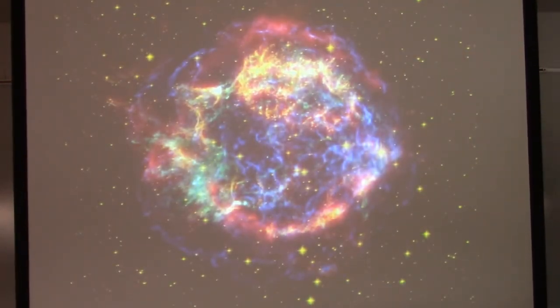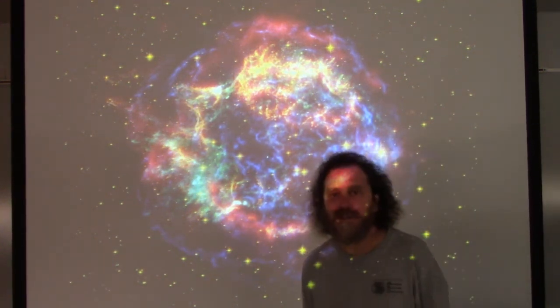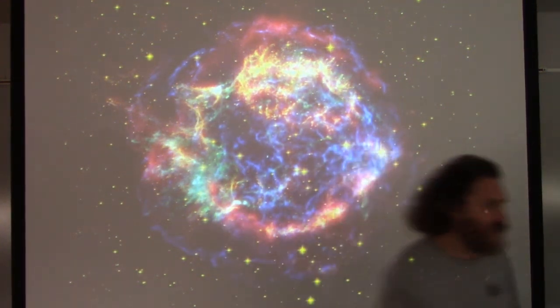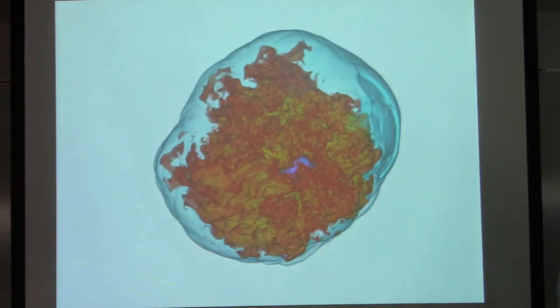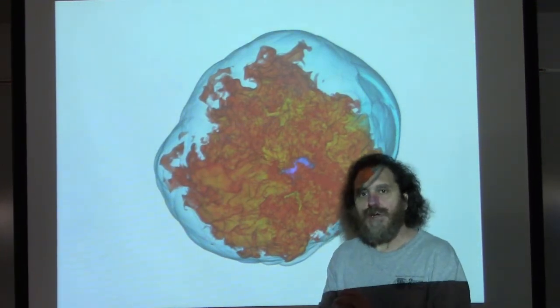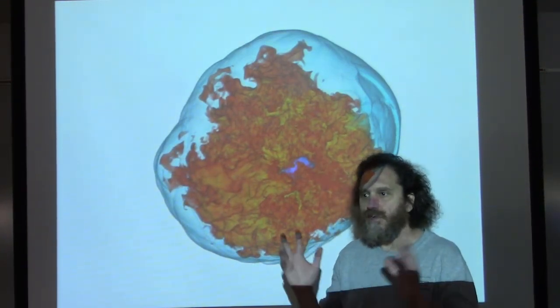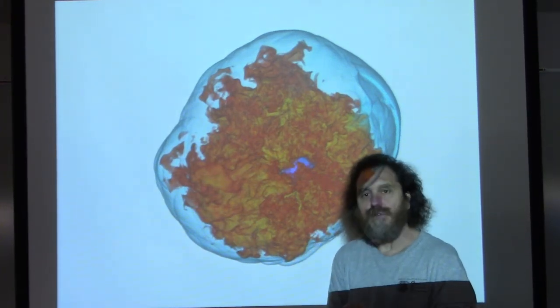This is the remnant of a supernova, and convective circulation is also important in a supernova, and specifically when a heavy star reaches the end of its life, the core undergoes a collapse for reasons that have to do with relativity, and that releases a whole bunch of energy.